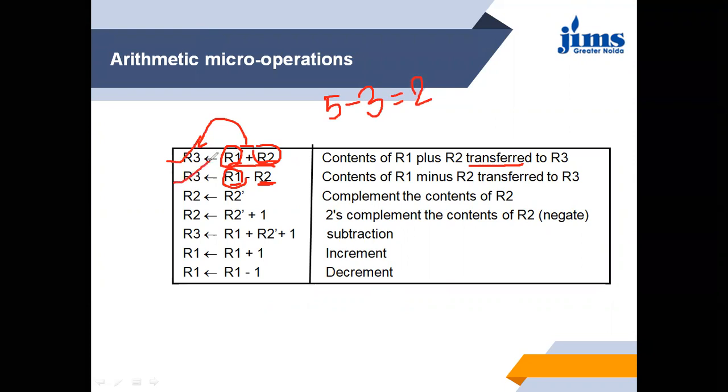When we have to make the content of a register its complement, meaning 0 to 1 and 1 to 0 in the same register, we can do it by R2 dash.